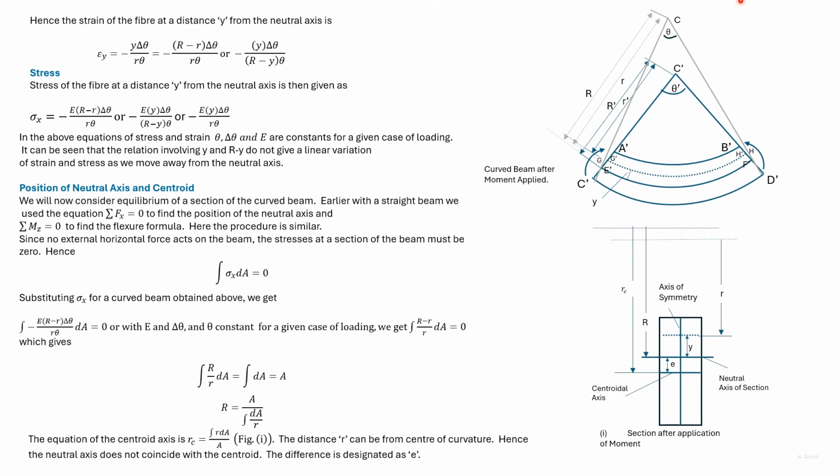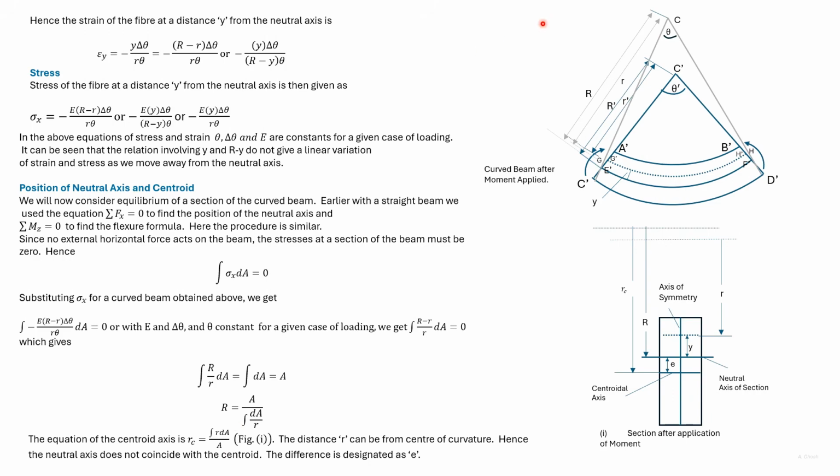Now let us look at the centroidal axis. If we have a base axis, then the centroidal distance is given by the right hand side of this equation, where r is the distance from the base axis.